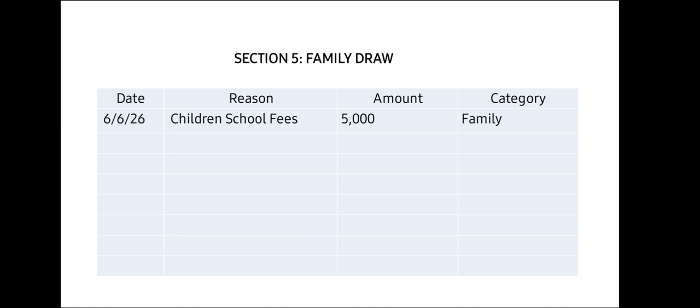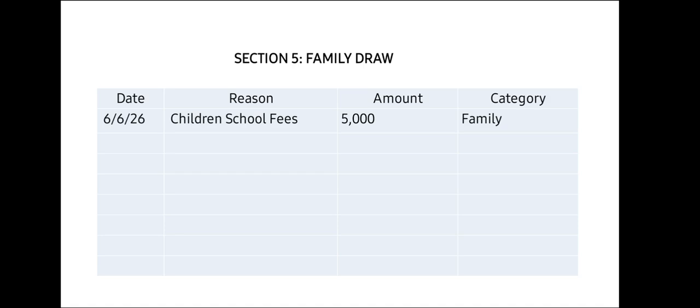But there are some cases we have seen where you might be tempted at times due to how genuine or urgent the needs are. So, for that reason, family draw is of importance, as we encourage you as a business owner to keep proper record of every single amount withdrawn from the business.